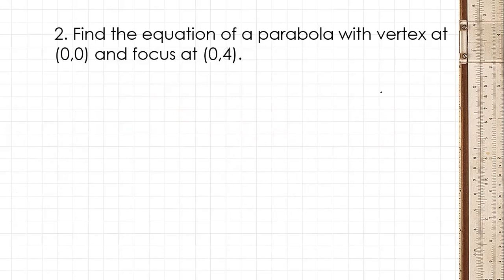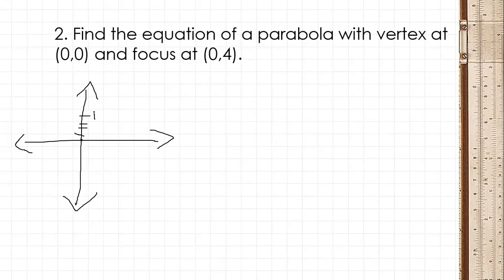Example number 2. Find the equation of a parabola with vertex at 0, 0 again, or at the origin, and a focus at 0, 4. 0 is our x, and y is positive 4, so up 4. So this here is our focus.